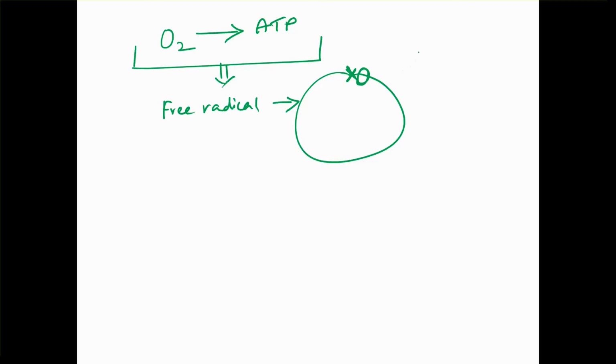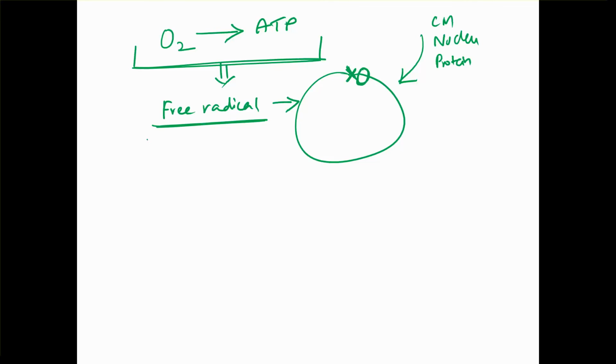They try to get electrons from all chemical substances: the cell membrane, the nucleus, any protein, any cytoskeleton. Whenever they see one, they take an electron. So during normal oxidative phosphorylation, these free radicals are produced.